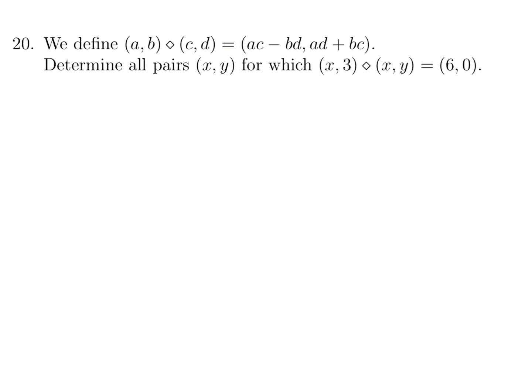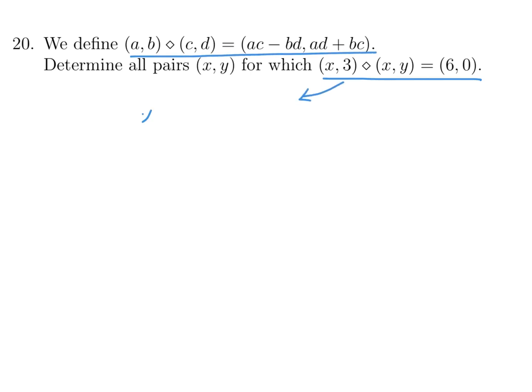We define a b symbol c d to be ac minus bd, or ad plus bc. Determine all pairs x, y for which x 3 symbol x y is 6, 0. All right, so just use this definition here to figure this guy out.